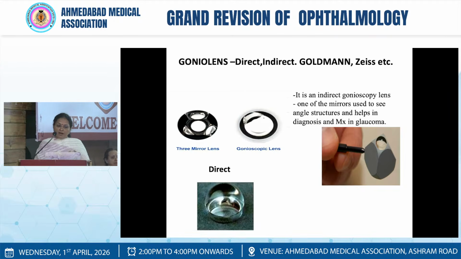While the direct gonio lens, Swan-Jacob lens, this is the Swan-Jacob lens. It is usually used for surgical purposes, particularly in pediatric patients. And nowadays, we can do minimally invasive glaucoma surgery in adults as well with the use of direct surgical gonio lens.